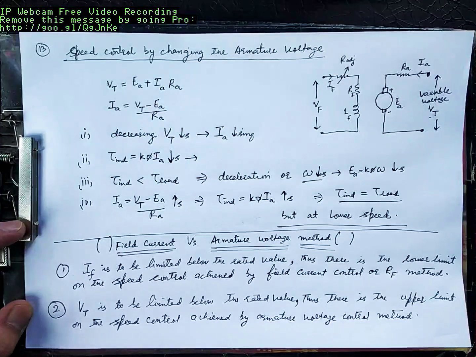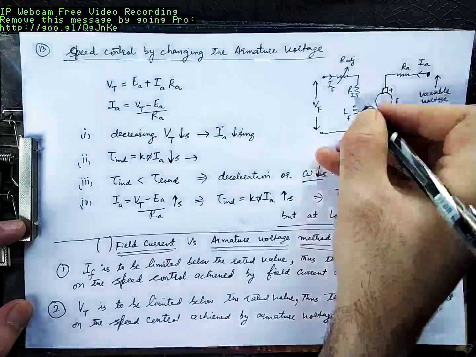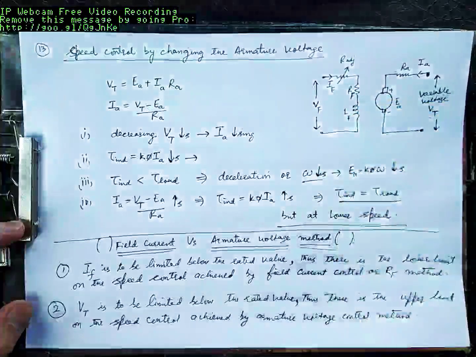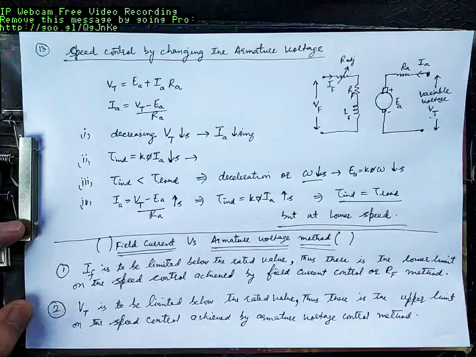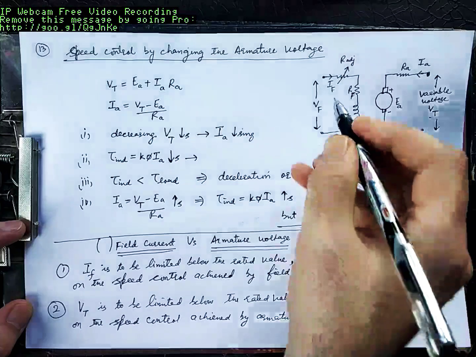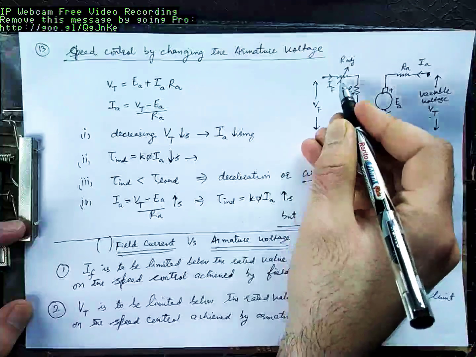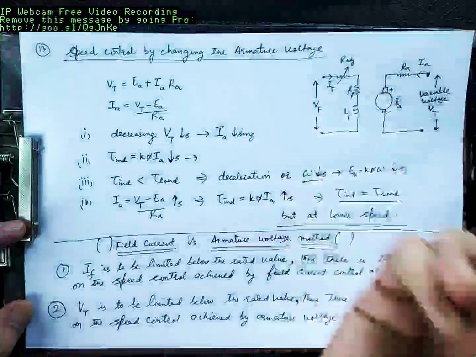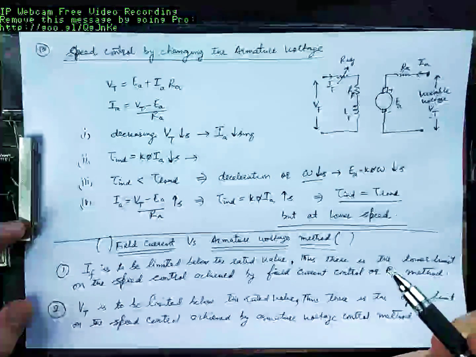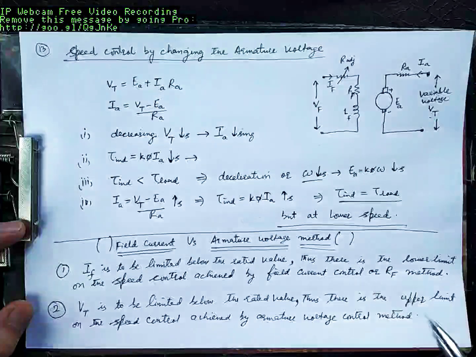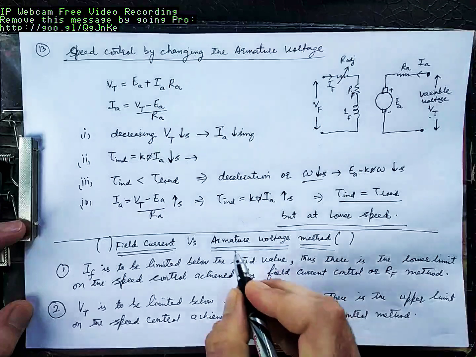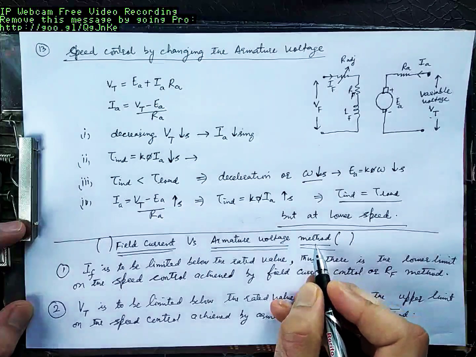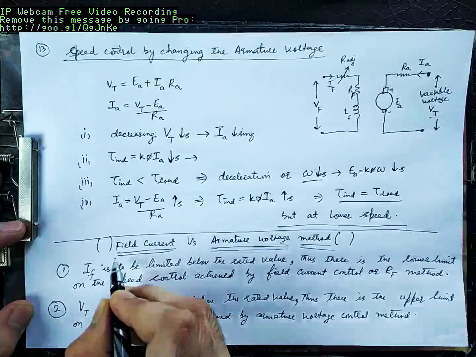If you want speeds above the rated speed, you can reduce field current. If you reduce field current, speed will increase, but reducing the field current is not an issue. You can easily reduce this. Thus, for speeds below the rated value, we use the armature voltage control method, and for speeds above the rated speed, we use the field current method.